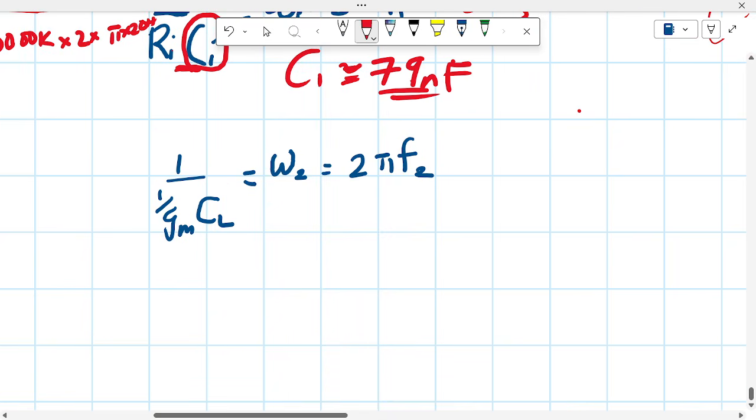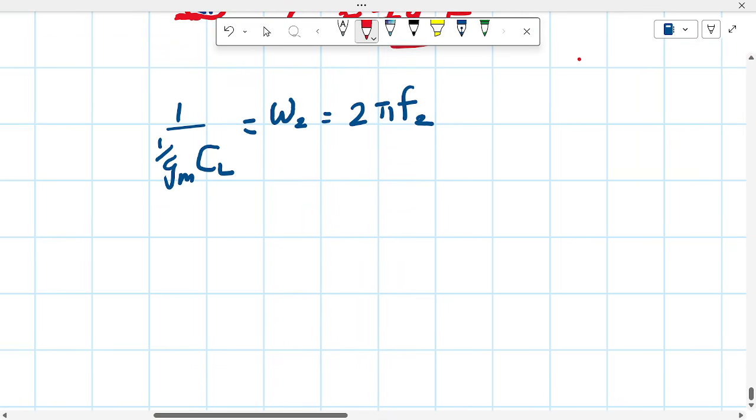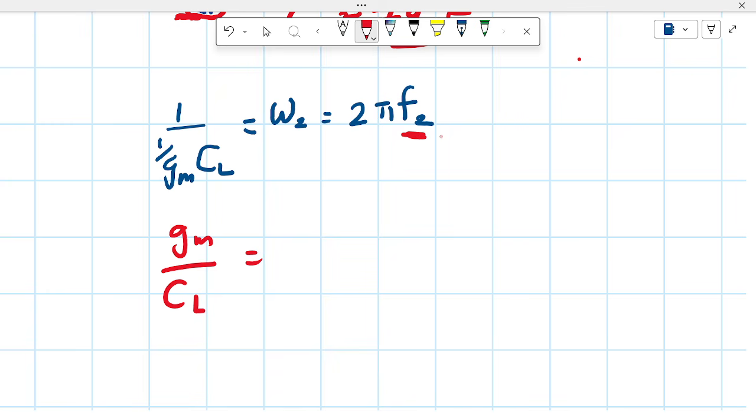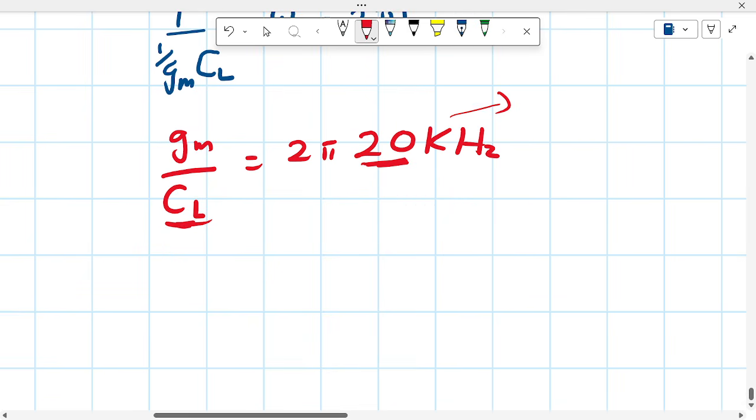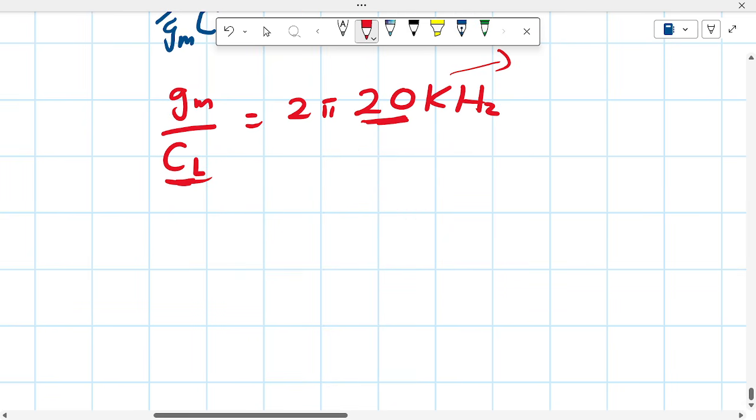Then we could easily rewrite it in this form: GM over CL, but we expect a frequency up to 20 kilohertz. So if the frequency goes above 20 kilohertz and is cut off, we don't really mind. But what value of capacitance would allow a frequency of 20 kilohertz to go through without much attenuation? That is what we are trying to do.